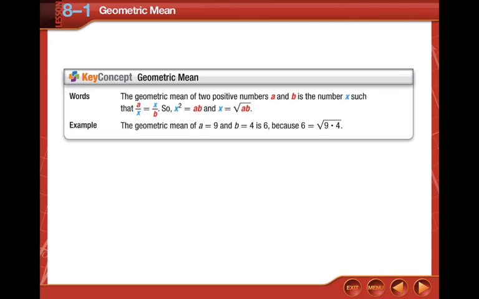Now we have to actually have a proportion set up where the numerator in one is equal to the denominator in the other, and then when we cross multiply, we get x squared equal to the other two numbers multiplied together. When we square root both sides, x is our geometric mean, and a and b are just two positive numbers. If they weren't positive, we would end up with a negative inside, and that would be a problem.